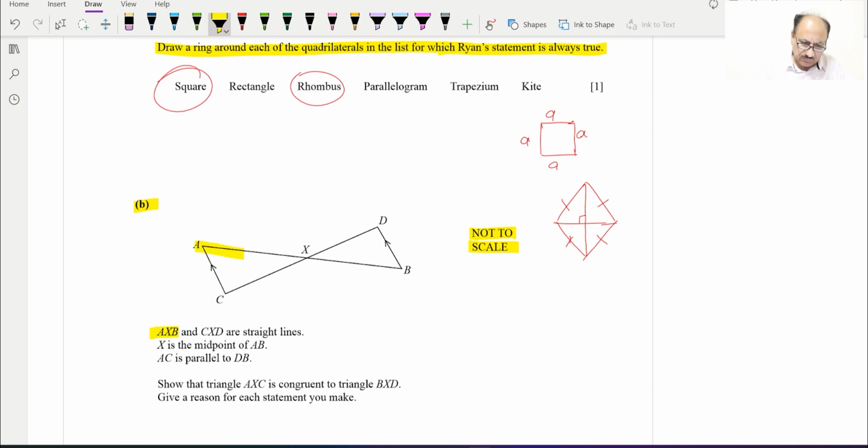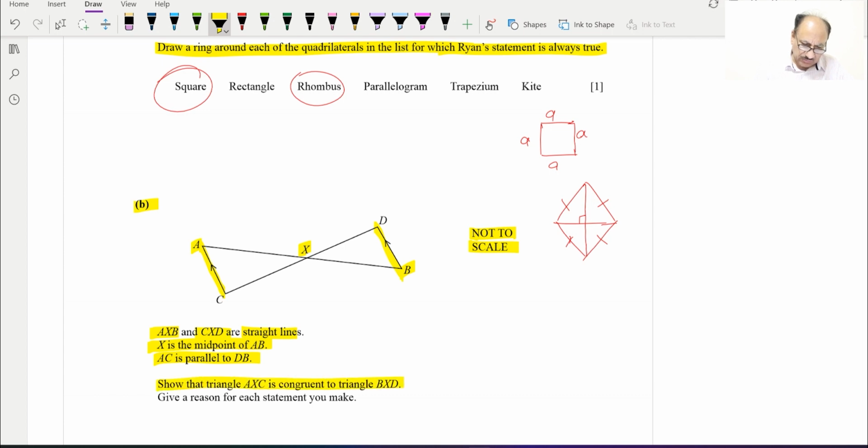Hopefully you understood this. And the B part says the diagram is not to scale. AXB is this line, and CXD is this line, and they are straight lines. X is the midpoint of AB, and AC is parallel to DB, so this is parallel to this one.